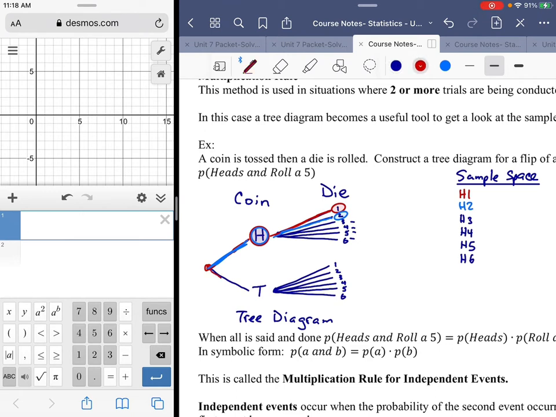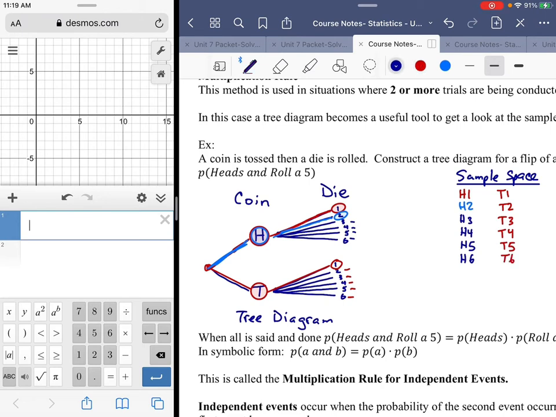So start the journey going down in the direction of tails. And then our decision could take us in the direction of 1, or 2, or 3, or 4, or 5, or 6. So T1, T2, T3, T4, T5, T6.